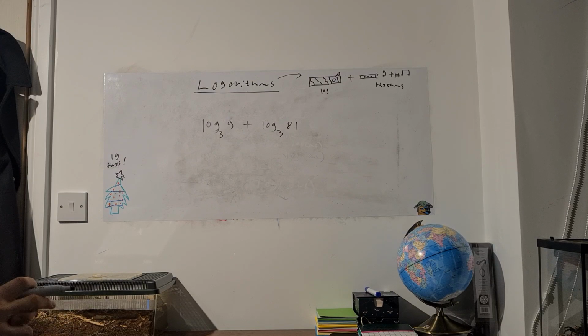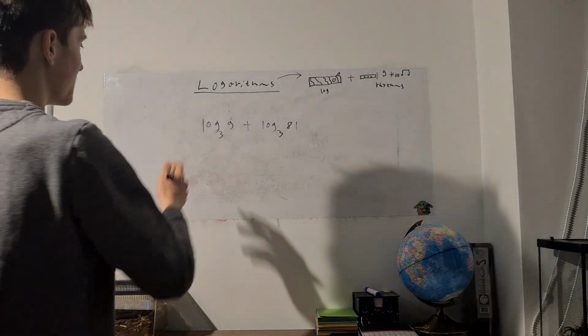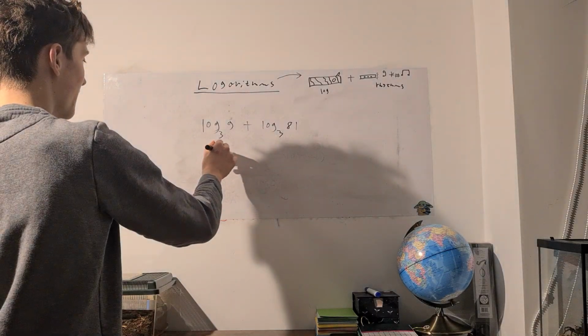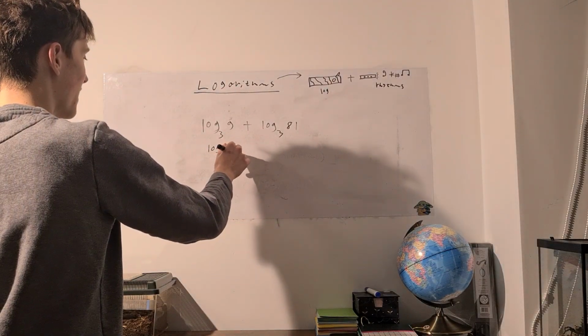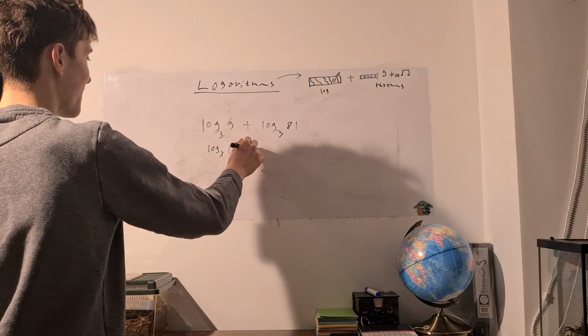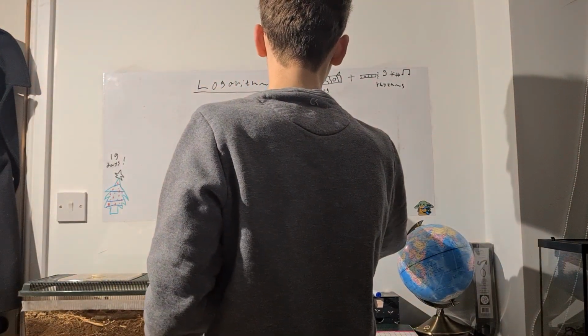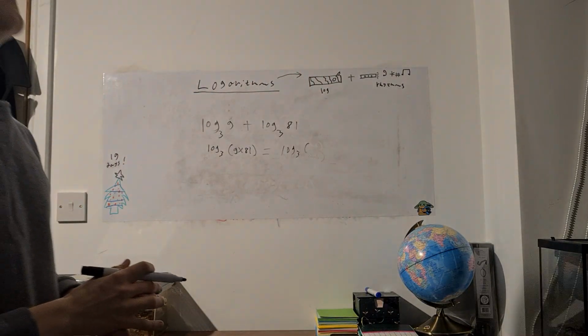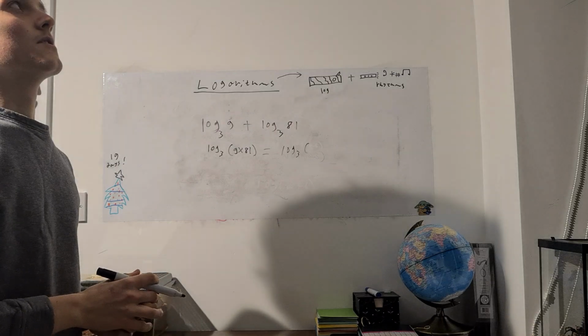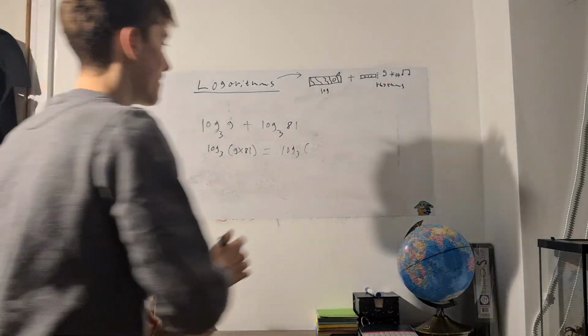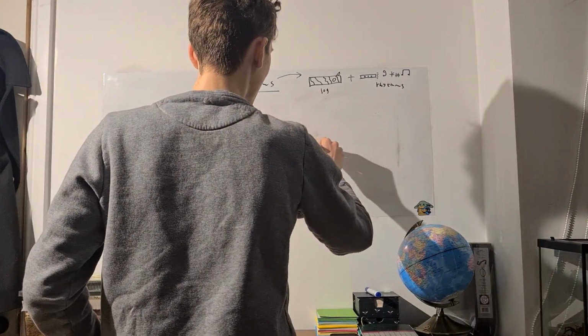So what would that be? Well, that would just be log base 3 of 9 times 81, which is equal to log base 3 of what? 729. Yeah, log base 3 of 729.